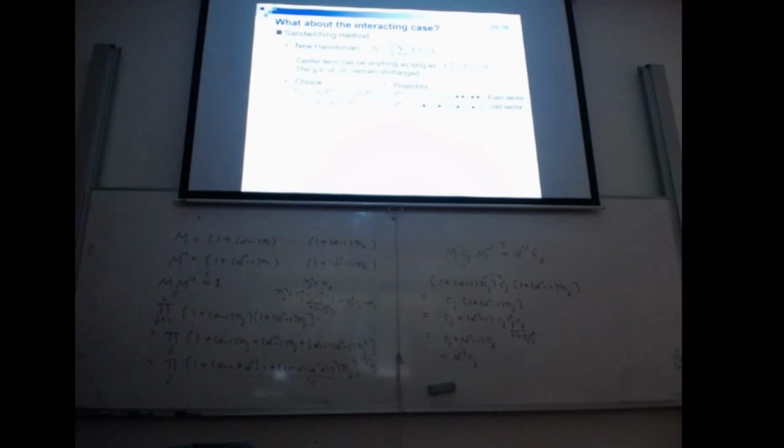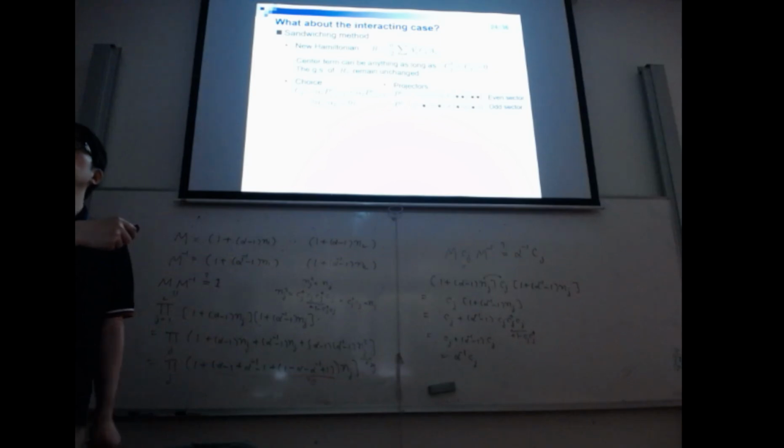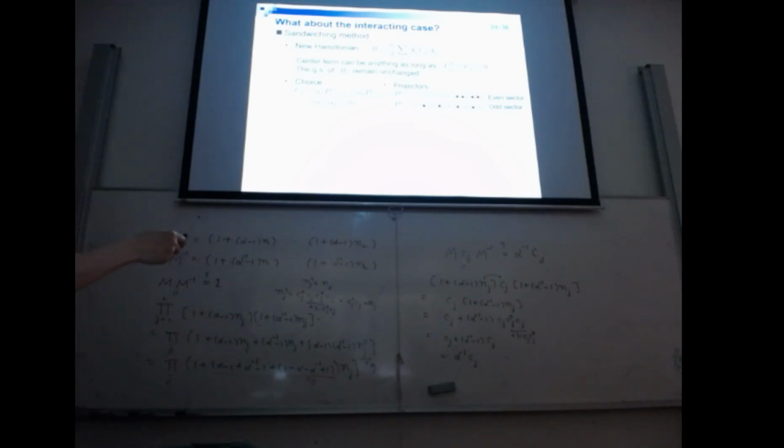This C j is a sum of projection operators, and this P E and P O act on sites j and j plus 1. This P E is a projection to the even fermion parity subspace, and this P O is a projection to the odd fermion parity subspace. And this alpha 1 and alpha 2 have to be positive, otherwise this can be negative definite.